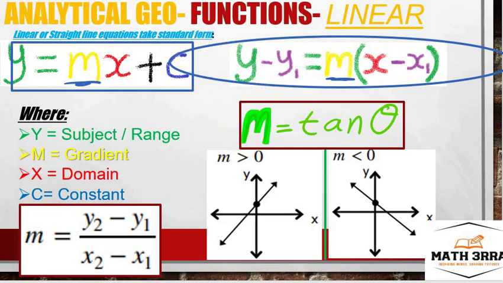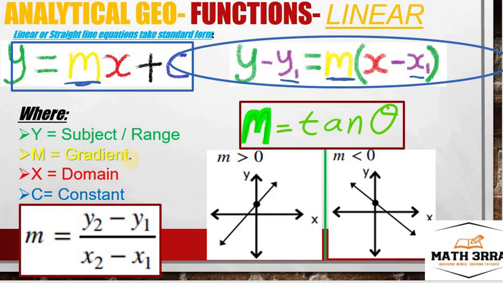For the interim, in this notation in here, the purple parts y1 and x1 are the coordinates of a point along the straight line. So that's that. y is the subject of the formula, and the gradient is the slope or the steepness.